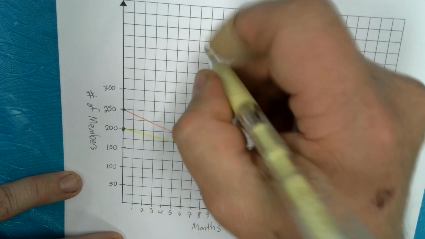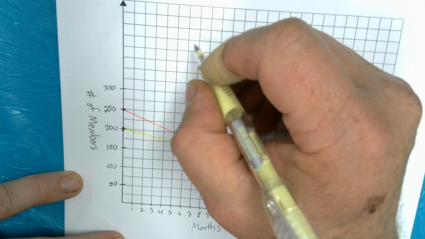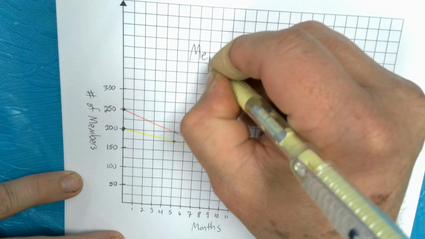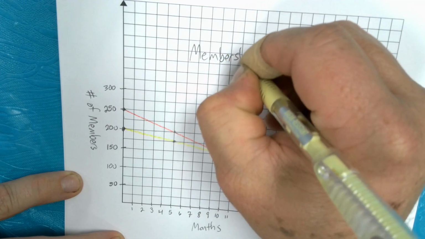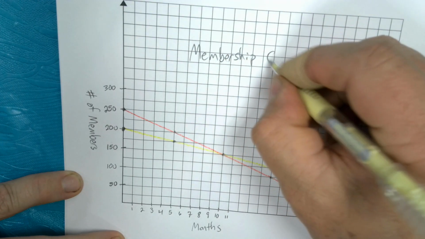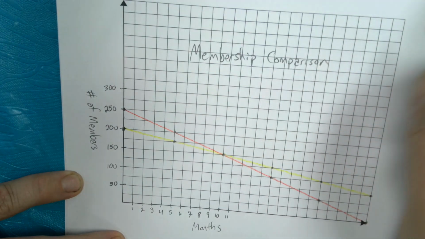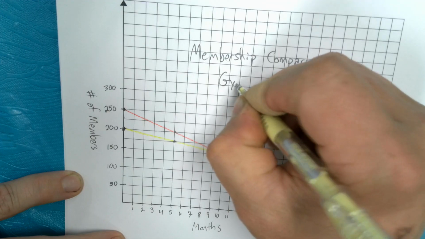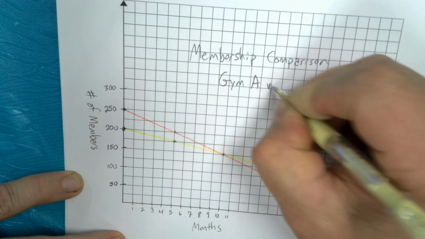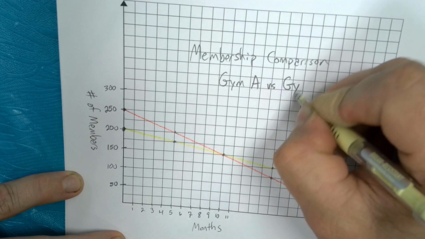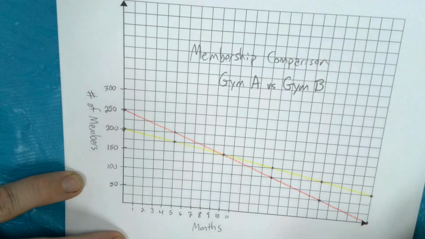And technically we should have a title. So this would be membership comparison: Gym A versus Gym B.